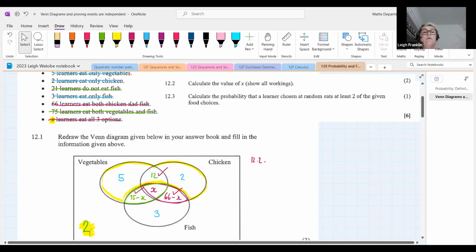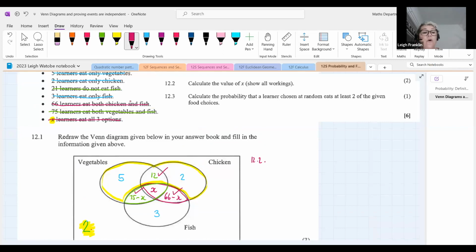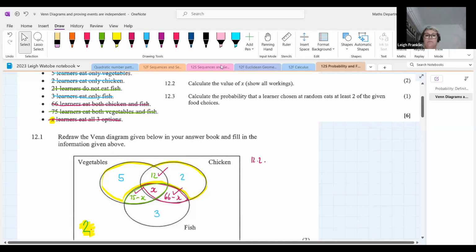All right, so let's go on to 12.2 now, calculating the value of X. All right, so does anybody know how we calculate X? Can you guys tell me what we should do in this case? If anyone wants to unmute and speak, you're welcome.